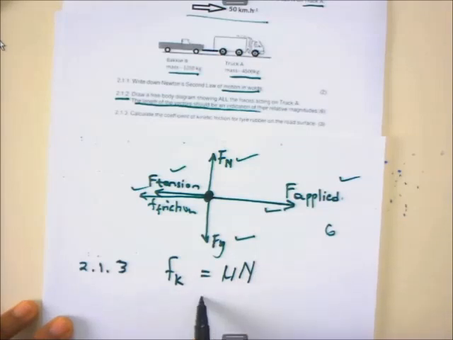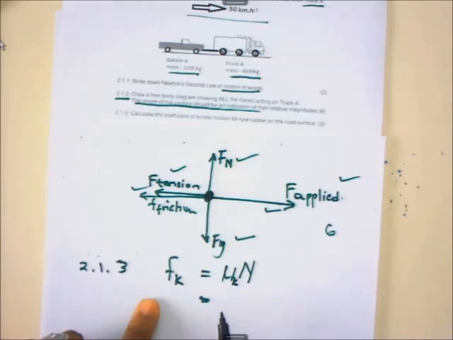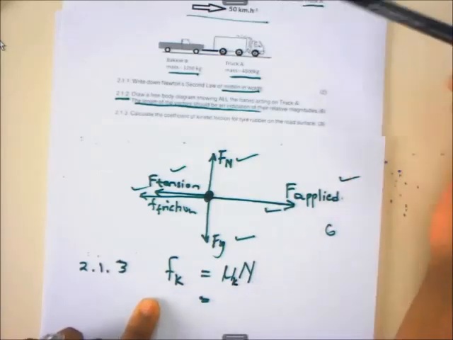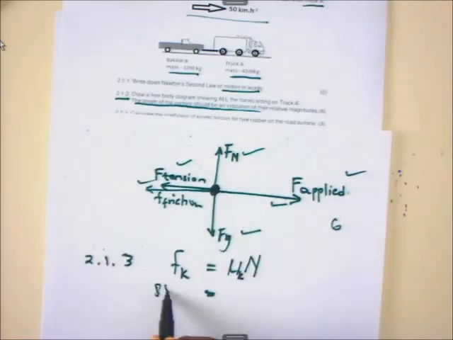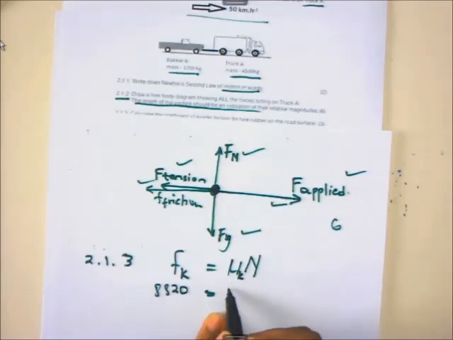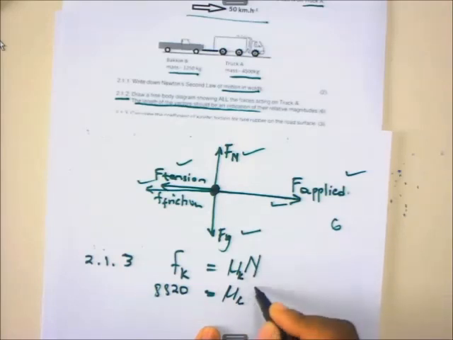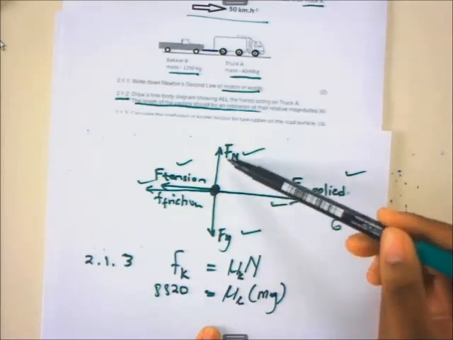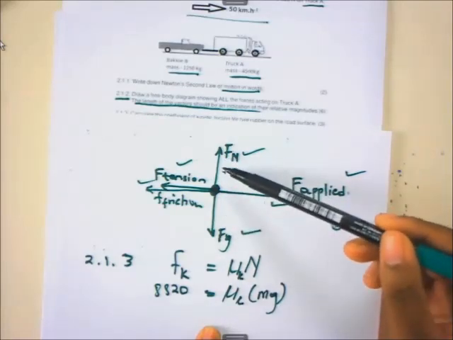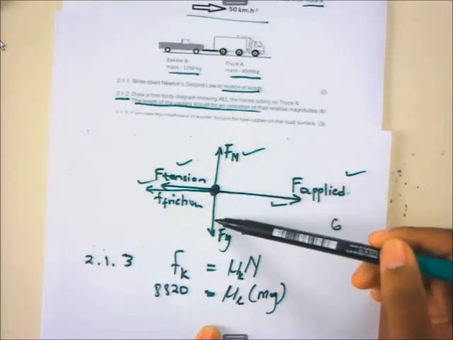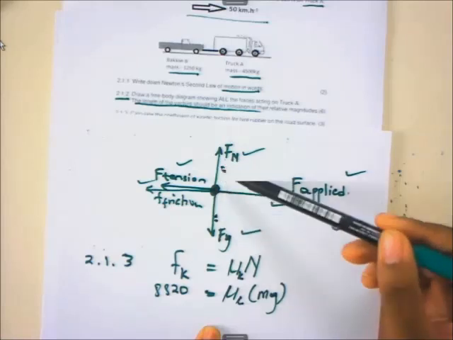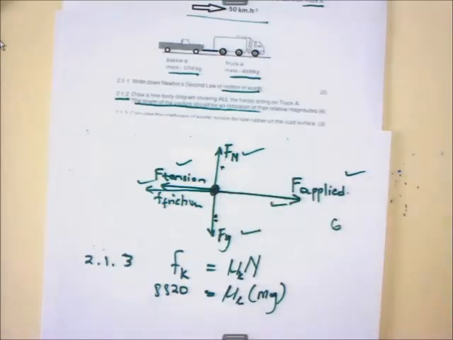We were given the friction force of 8,820. The coefficient of kinetic friction is what we are required to calculate. And we know that the normal force is equal to mg. Remember, the weight is in the opposite direction to the normal force. These two forces are equal, but they differ in direction.